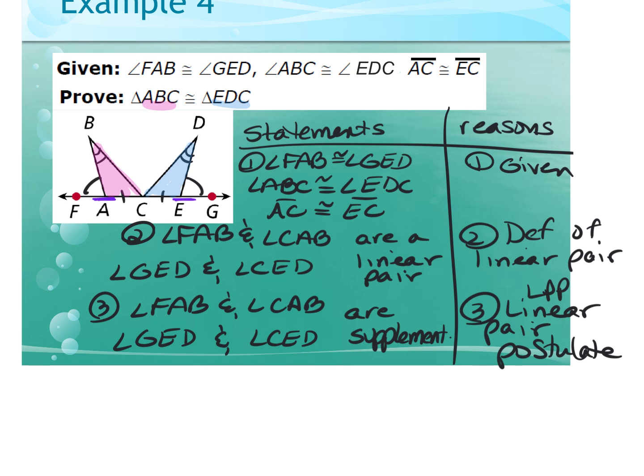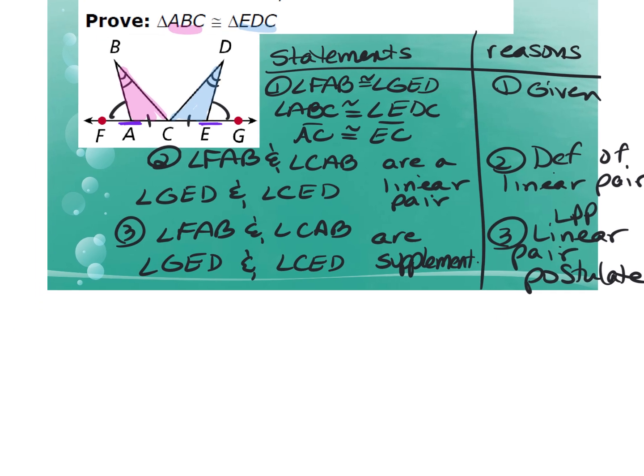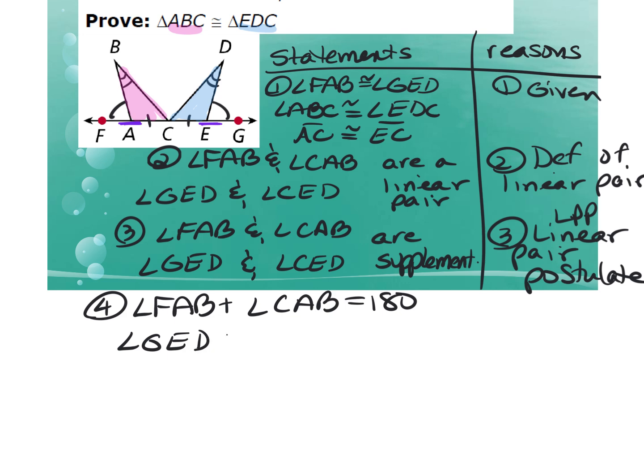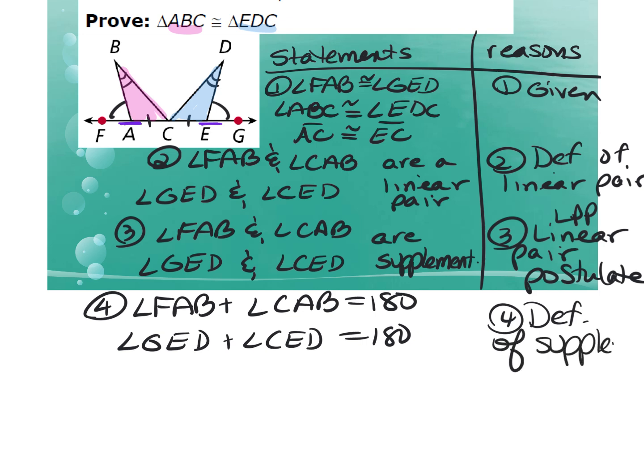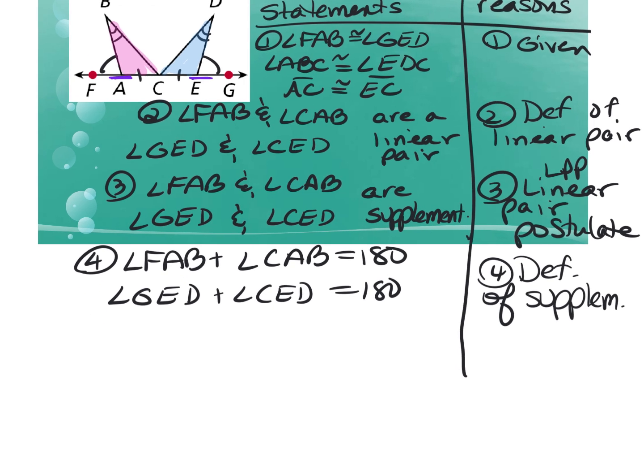Next, I'm going to show what supplementary means. Now I take those same angles, but now I'm going to add them and set them equal to 180. And then GED plus CED equals 180. And this is definition of supplementary. I'm just going to abbreviate supplementary. Next, what I'm going to do is a substitution.